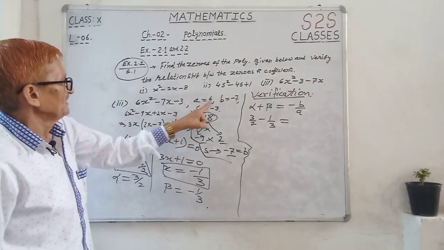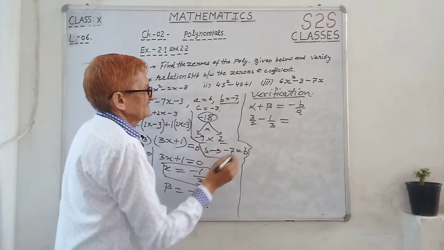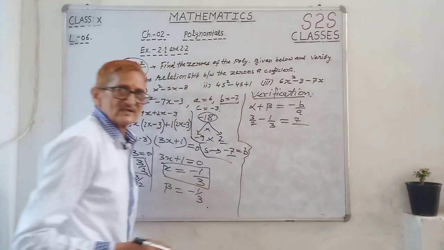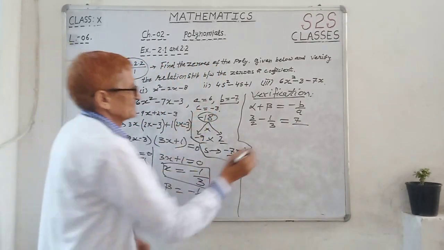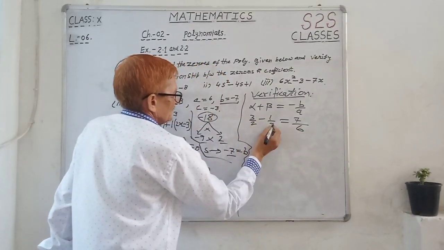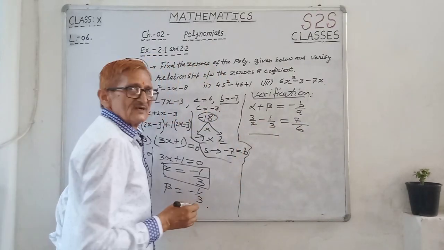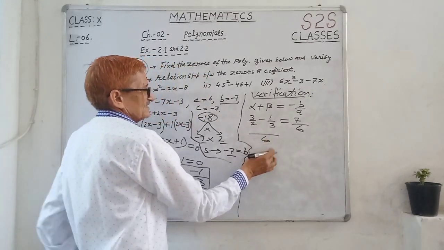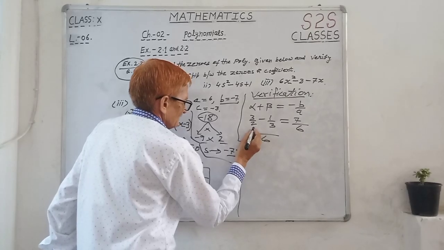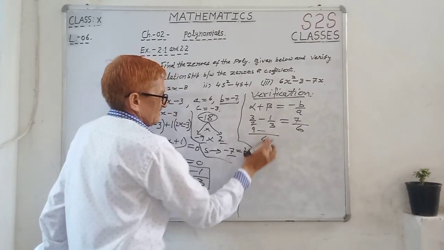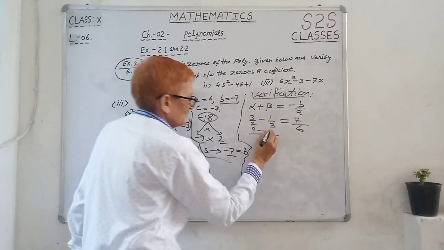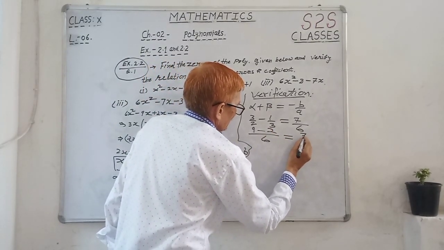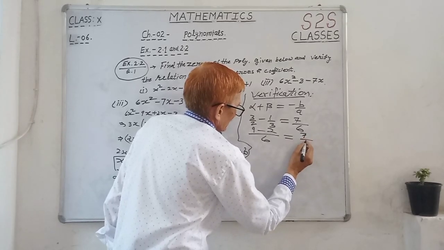The value of b is minus 7, and with this formula, minus b gives plus 7, upon a, whose value is 6. Now simplify. LCM, subtraction is there, then 3 2s are 6, LCM; then 2 3s are 6, 3 3s are 9, minus 3 2s are 6, then 2 1s are 2, is equal to 7 upon 6.